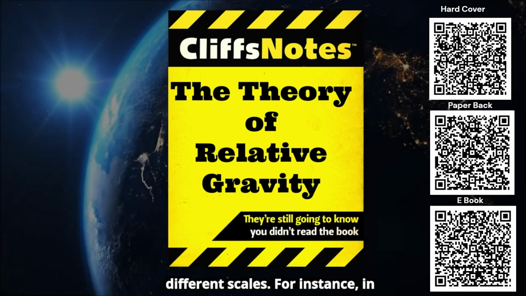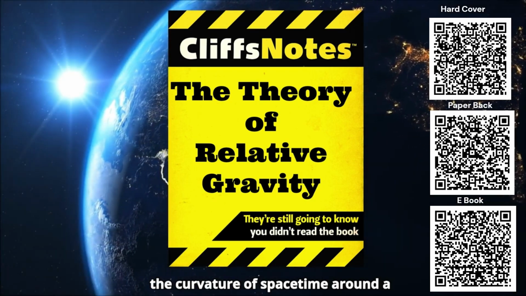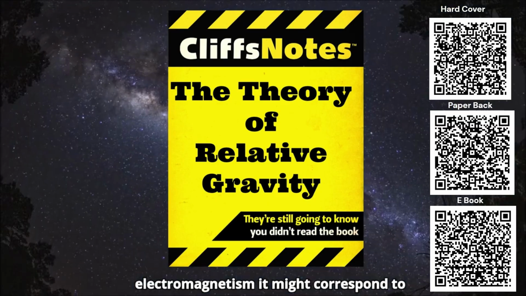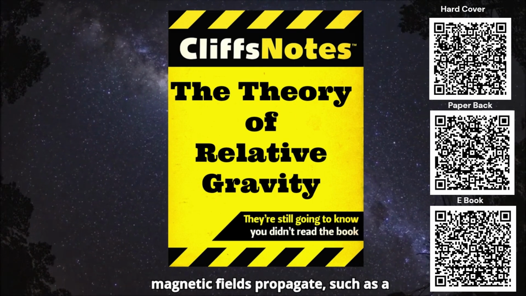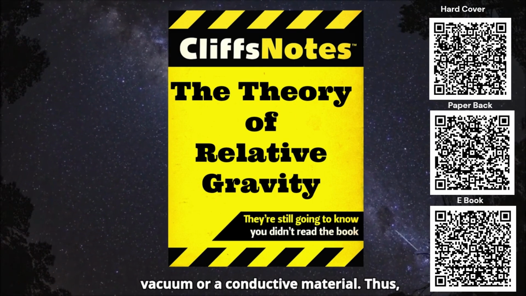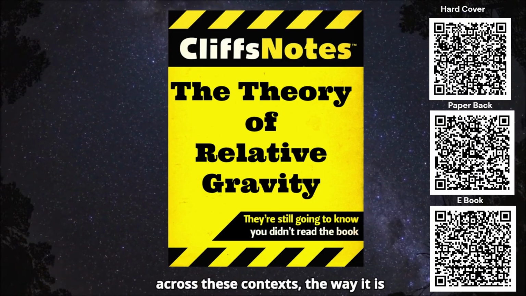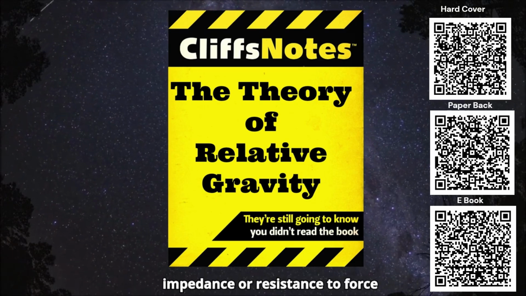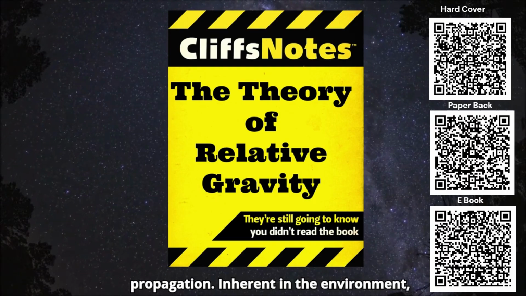For instance, in gravity, the impedance might represent the curvature of spacetime around a massive object, whereas, in electromagnetism, it might correspond to the medium through which the electric and magnetic fields propagate, such as a vacuum or a conductive material. Thus, while URF itself is constant as a force across these contexts, the way it is expressed can differ based on the impedance or resistance to force propagation inherent in the environment.